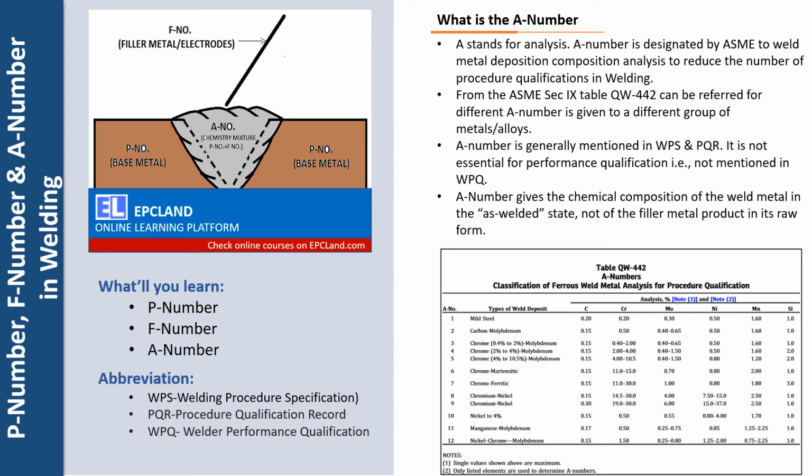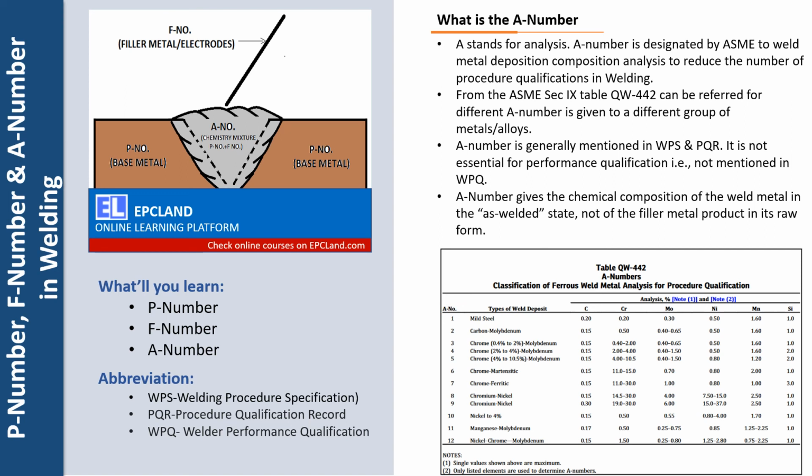Whatever is the chemical composition of weld metal, not of the filler metal, we are talking about the weld metal. This may be a mixture of F and P. So the base and filler metals mixture is A. We have a standard table in ASME Section 9. Here we can see, once we do the analysis of weld material for mild steel, the carbon, chromium, molybdenum, this is the composition. Once it qualifies to this composition, we can say it belongs to that particular A number.